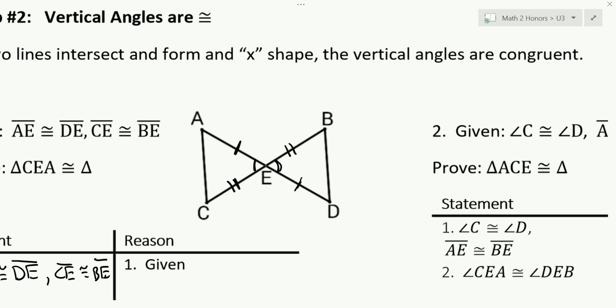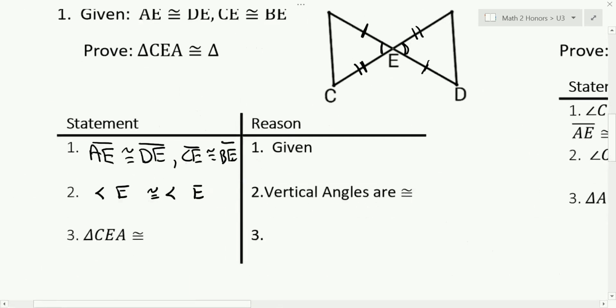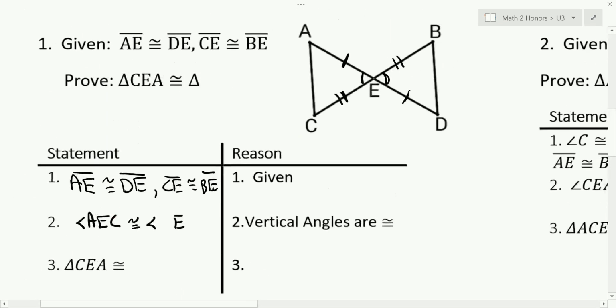I'm going to use AEC to represent that angle on the left-hand side. And what would the one on the right-hand side be? BED. You could also do DEB. It doesn't matter, but if you trace, the middle letter has to be the vertex of the angle. Now it's very clear which angles we're talking about.